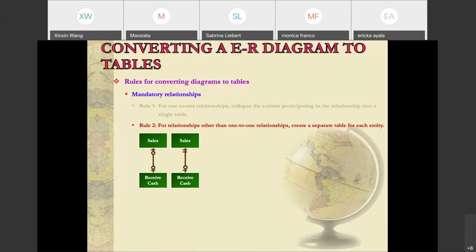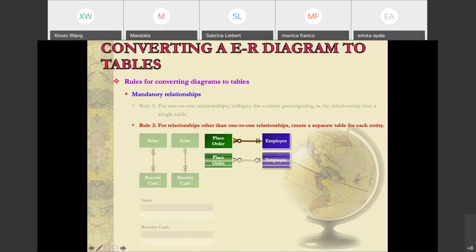For instance, sales and receive cash: these two need separate tables, one for sales, one for receive cash. This is the same, right?